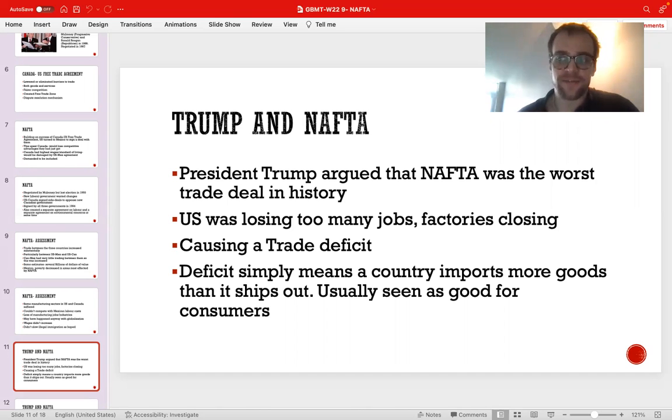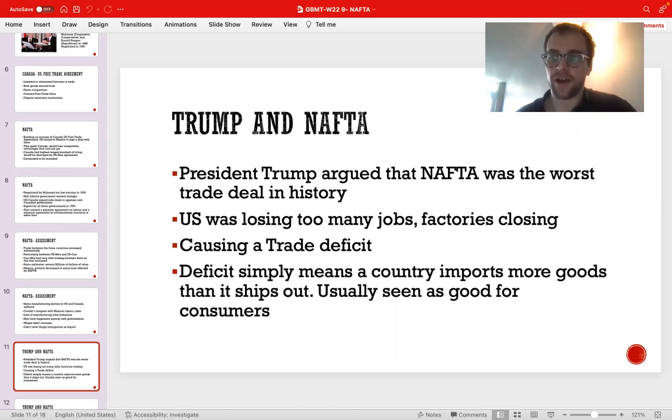One of the biggest critics of NAFTA was Donald Trump. As he got closer to the presidency, he hit on popular themes amongst his constituents, specifically in what's called the Rust Belt, the Northeast United States.